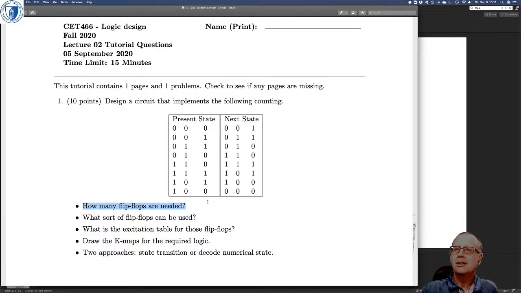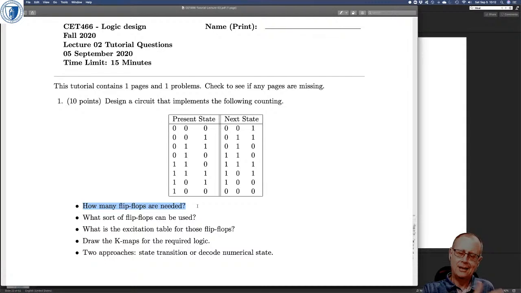You can see in each state, whether it's present state or next state, there are three flip-flops. There are 3 bits, right? And the first question, and I just gave away the answer anyway, is asking how many flip-flops are needed. Well, the answer is 3, right?